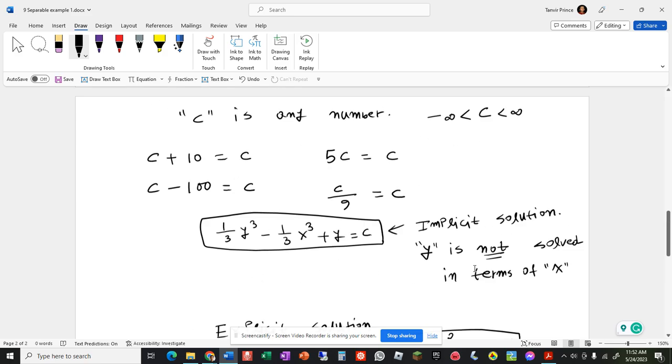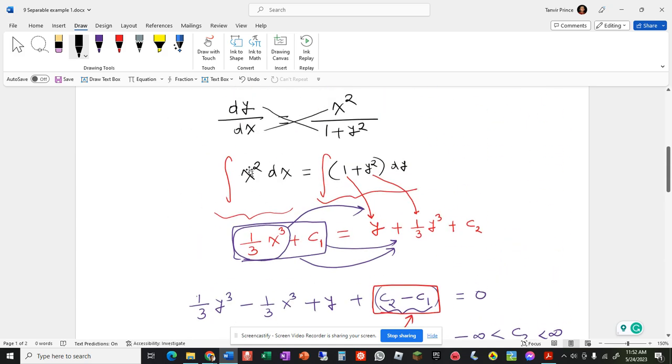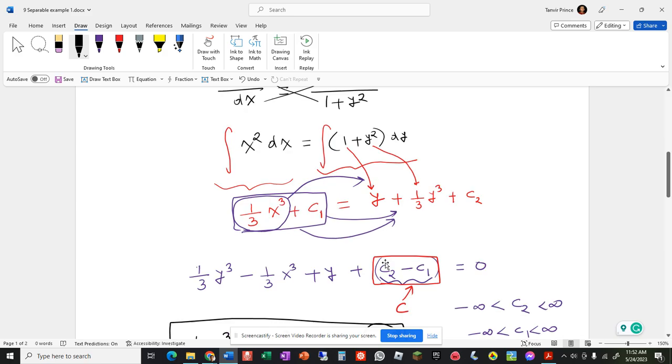Finally, let me make one comment here. From now on, when you're taking the integral of both sides, instead of adding c1 on one side and c2 on the other side, you just add c on one of the sides. You choose which side you want, because we know when I move c1 and c2 to one side, I can replace that by c.